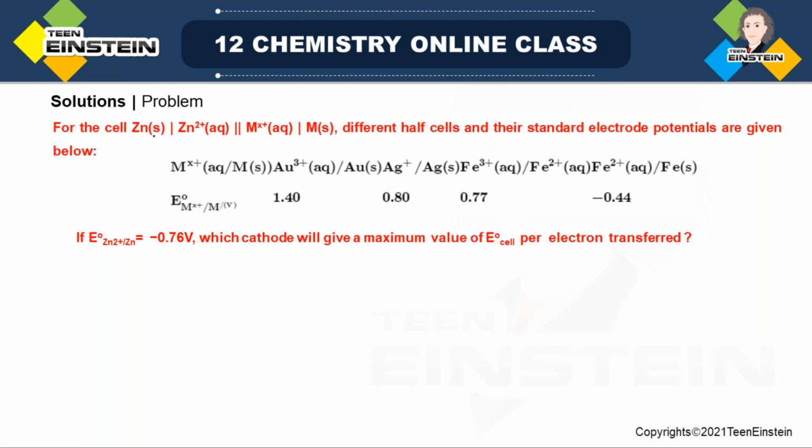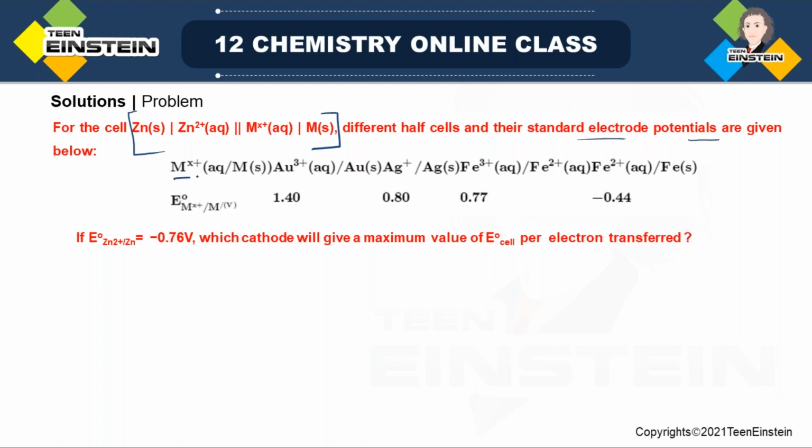Another problem. Here a cell representation is given. So this is the representation. In the anode side we have Zn system, but in the cathode side we have the general system which is Mx plus 2M. So as M is there, it must be some metal, but different metals are given, that is different half cells, and their standard electrode potentials are given below.